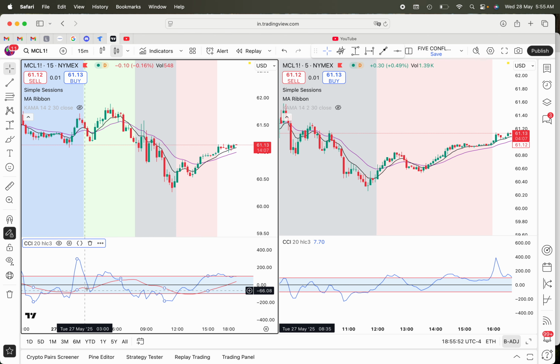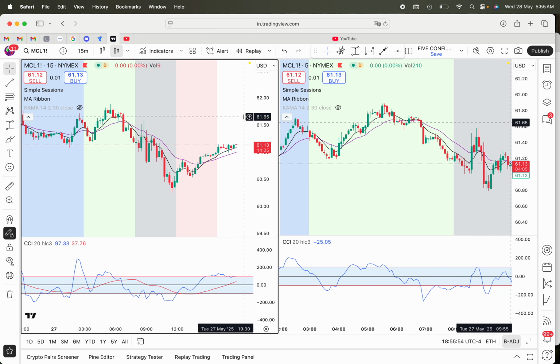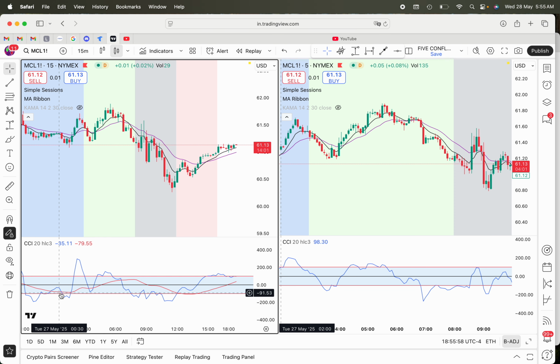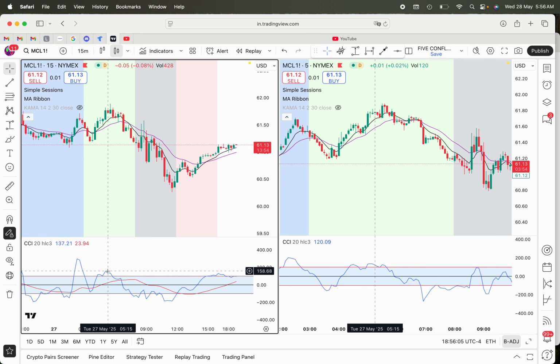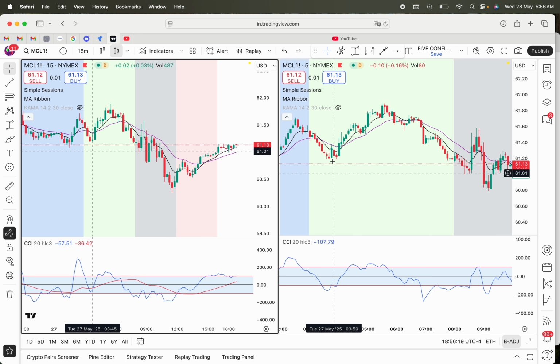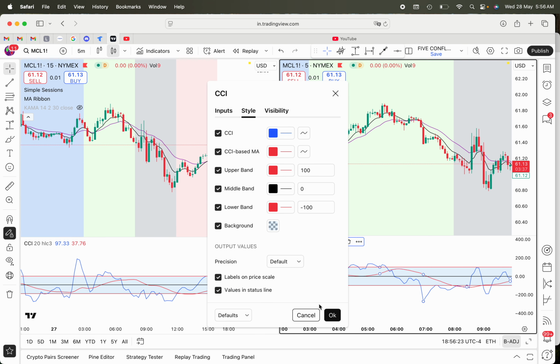Why do I have it set at 25? There's a reason. I like its smoothness, and it gives me an early warning sometimes that a change may be happening. It's not always correct, but at least it's giving me an early warning that if this CCI has crossed through the moving average, obviously there's something happening, on both charts. Sometimes I have it turned on, sometimes I have it turned off.